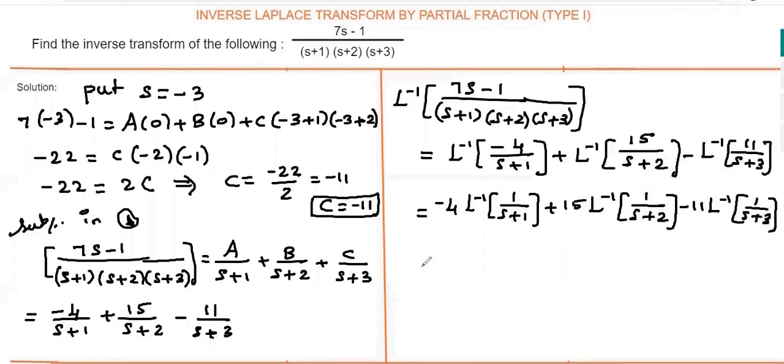Now negative 4 will be there. What is 1 by s plus 1? It is e to the power minus t, because we are having the positive here in the denominator. So e to the power minus t will be the answer, plus 15 e to the power minus 2t, minus 11 e to the power minus 3t. And this is the final answer.